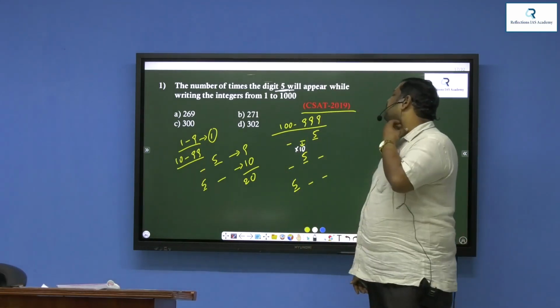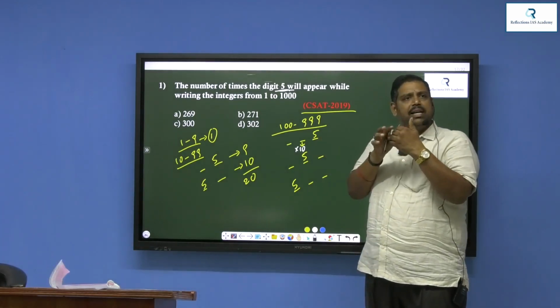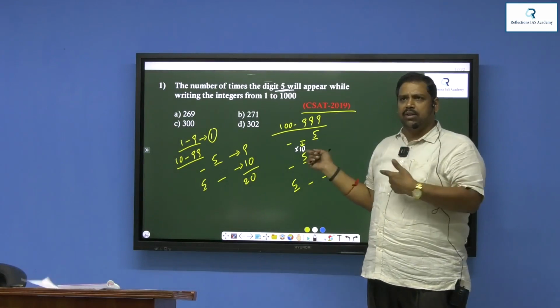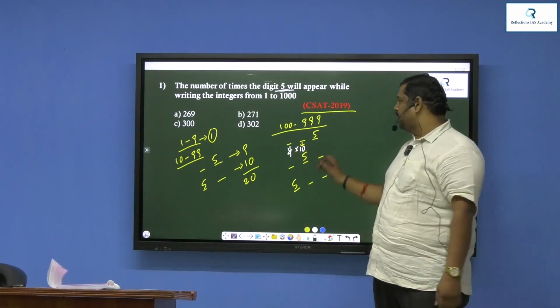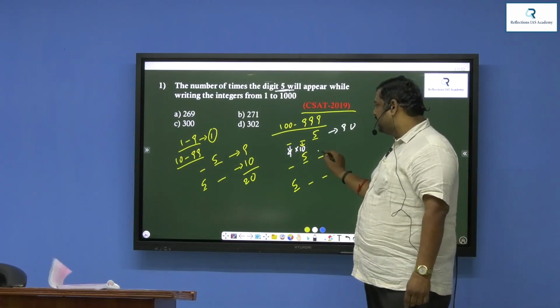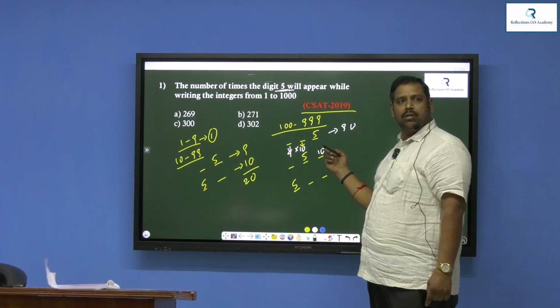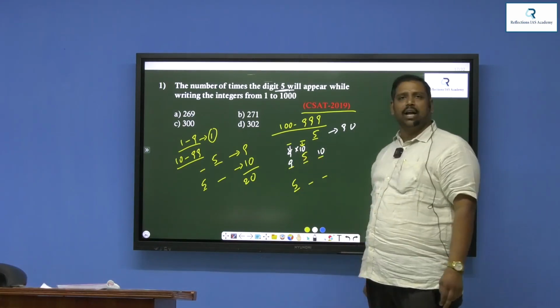Okay, good. If the units place is 5, the tens place can be 0 to 9 anything, so 10 ways. But coming to this one only 9 ways, yes or no? So how many are there? 90. Am I right? If this is 5, this can be done in 10 ways, right or wrong? Anyway, 0 to 9. This can be only 9 ways, 1 to 9 only.